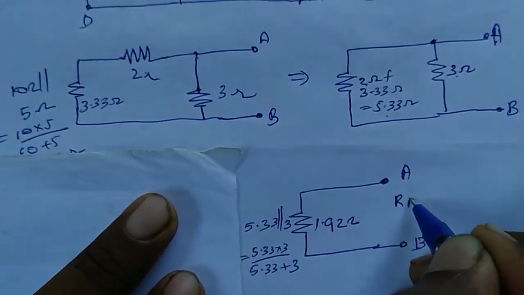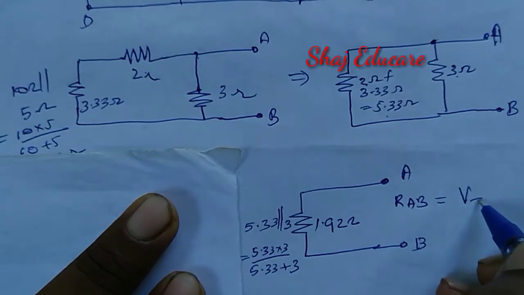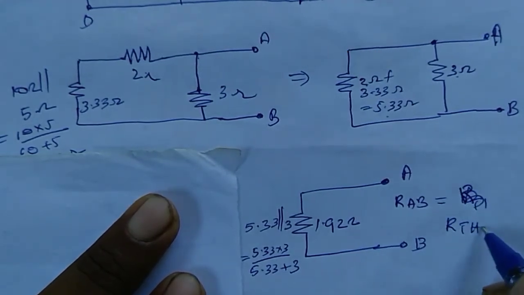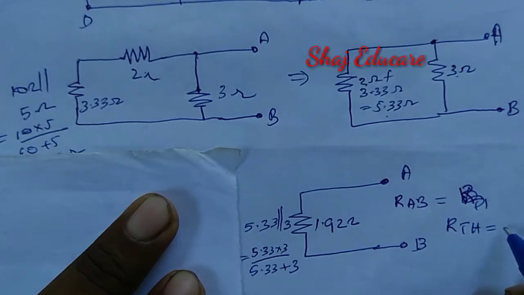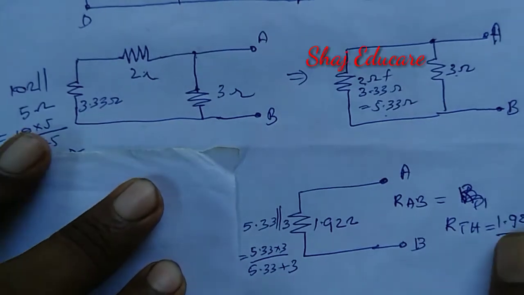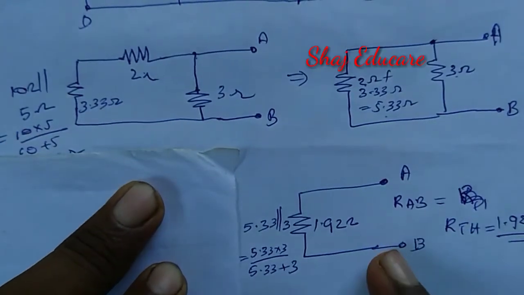That is RAB, which is equal to RTH, that is 1.92 ohm.